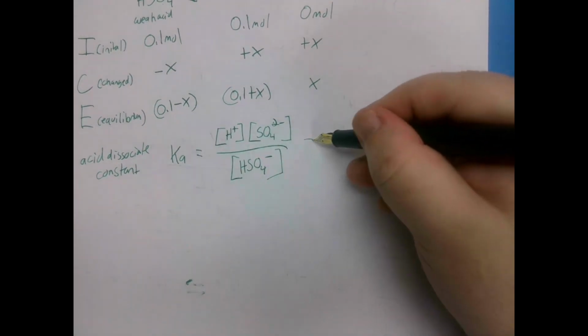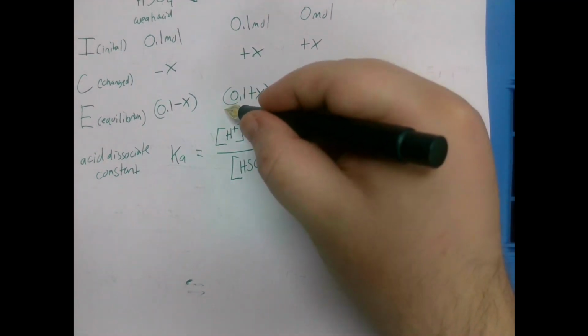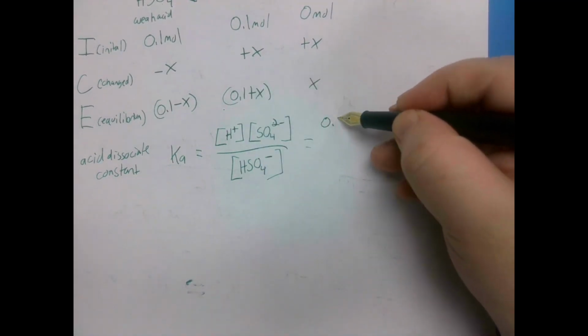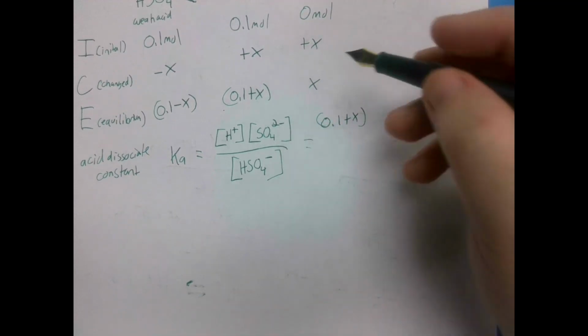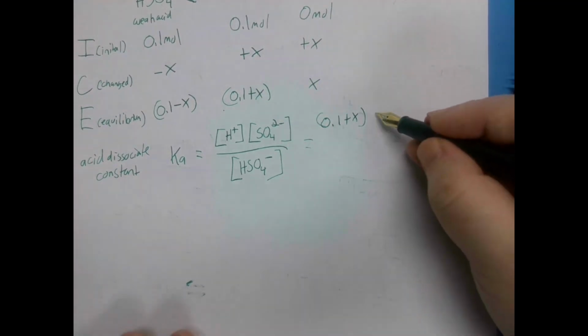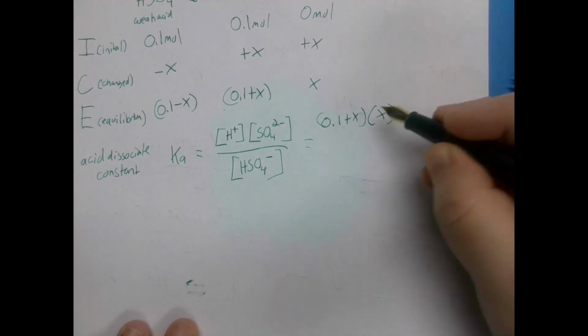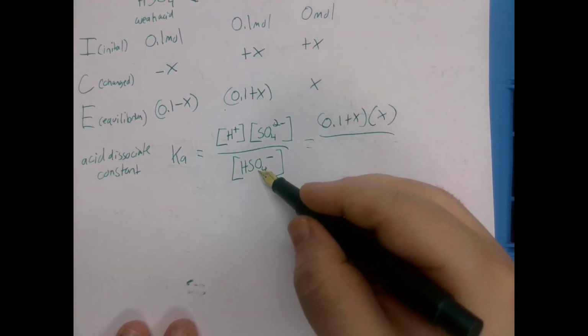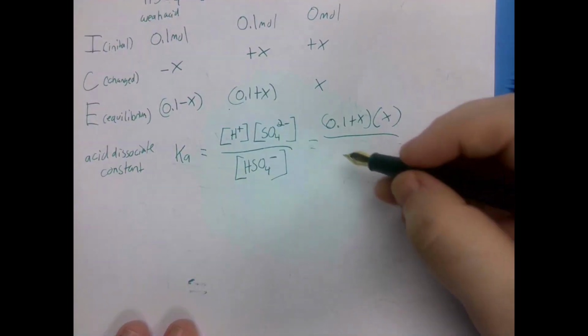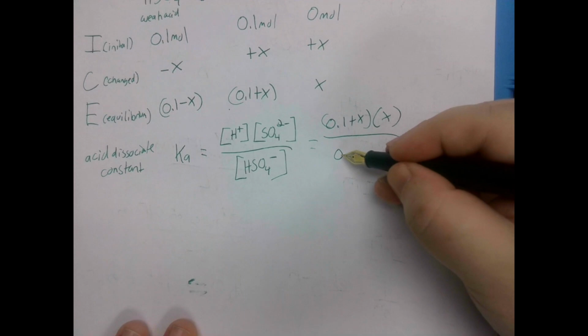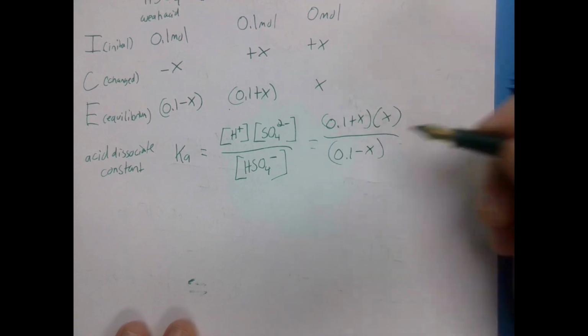So our concentration of H plus is 0.1 plus X. Our concentration of sulfate is times X. And the final concentration of our starting one is 0.1 minus X.